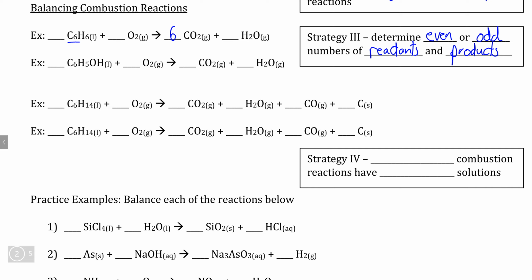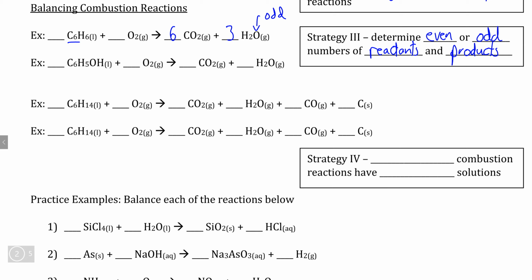So if we have 6 hydrogens in the reactants, we have 2 in the products here, which means we can add a balancing coefficient of 3, because 3 times 2 is 6. However, according to our even-odd strategy, this would give us a problem here. Because water has an odd number of oxygens, because it has 1 oxygen, so multiplying 1 by an odd number will give us an odd number.